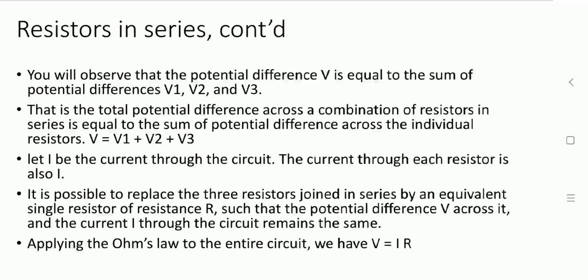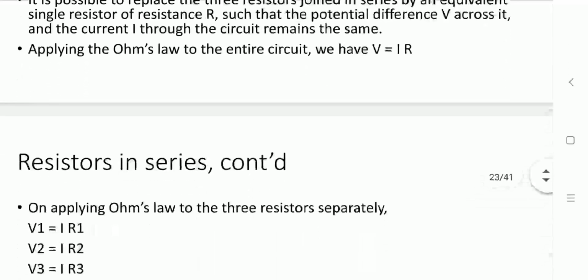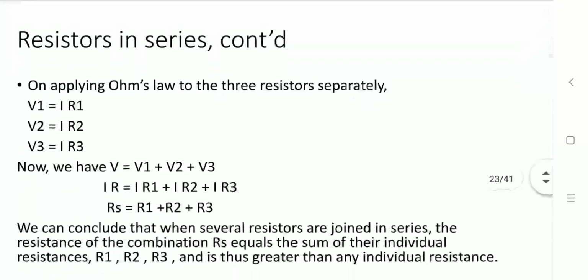So according to Ohm's law, V equals IR. Right? And here V1 is IR1, the potential across R1 is V1. So the current flowing through it is I, resistance R1, and its potential difference is V1 according to Ohm's law. Likewise, V2 equals IR2, V3 equals IR3.